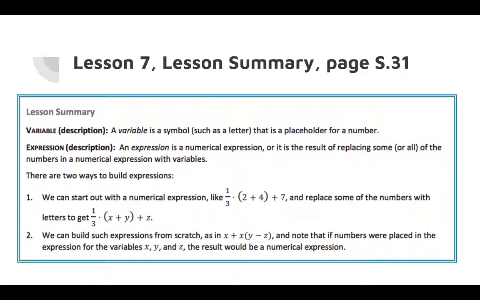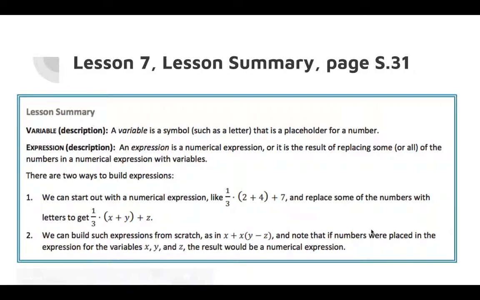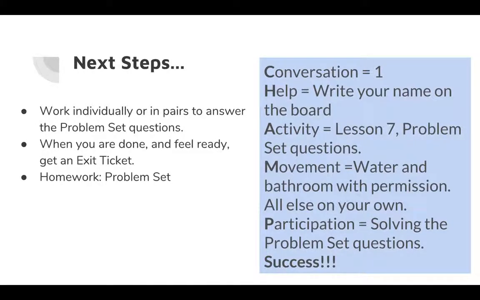We can start out with a numerical expression like 1/3 times 2 plus 4 plus 7 and replace some of the numbers with letters. And this is what it looks like. And you can build an expression from scratch where you have all your variables. Note that if numbers were placed in an expression for the variables x, y, and z, the result will be a numerical expression. So once you put in numbers, that's a numerical expression.